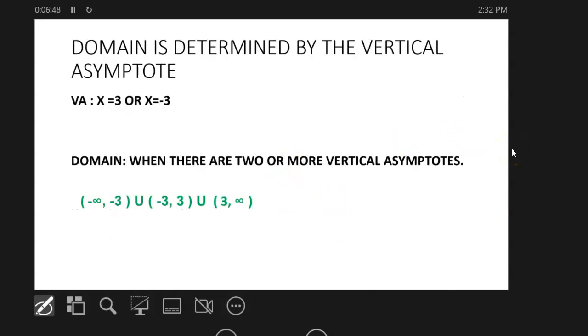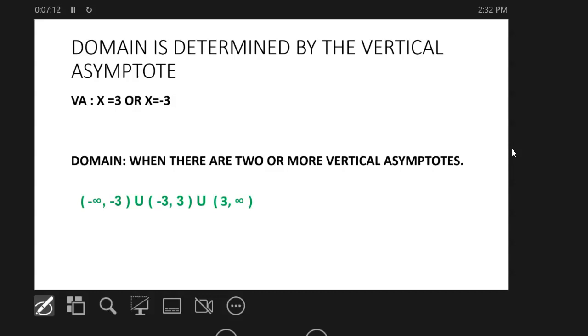Okay, the domain is determined by the vertical asymptote, and since this problem had two vertical asymptotes, I wanted to explain how to go about writing that. Remember that we're basically doing this like the number line from the left to the right. So the first one is always going to start at negative infinity.